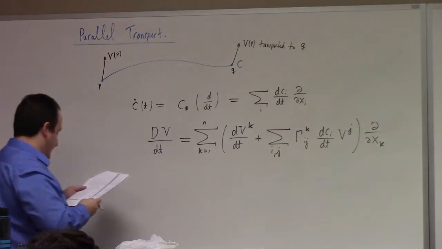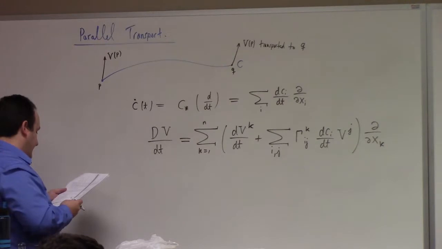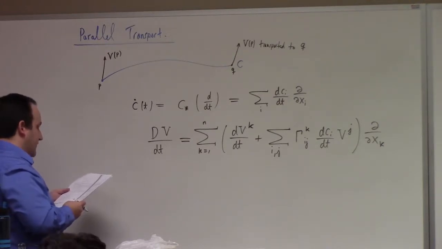So what is this? This is the derivative of a vector field v along a curve C.